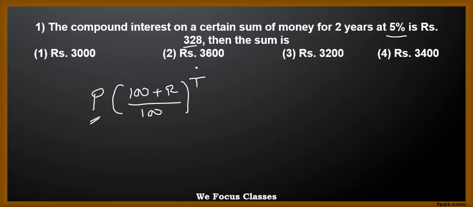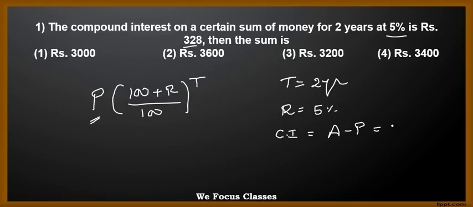What information is given here? He gave T equal to 2 years, and he gave R equal to 5%, and he gave compound interest, which is nothing but A minus P, 328 is given.